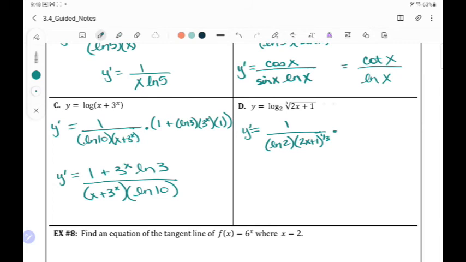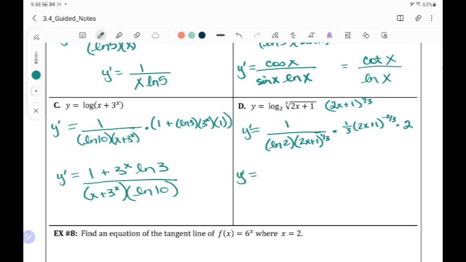Remember, this is the same thing as 2x plus 1 to the 1/3. So we're going to multiply that out.